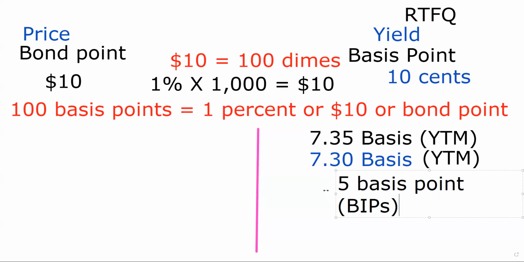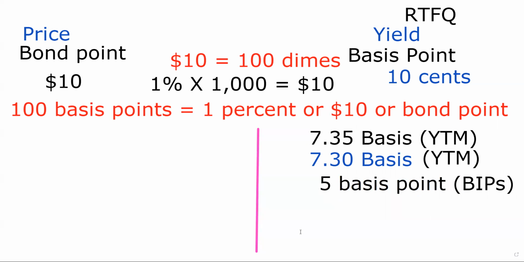And then we said a basis point, or BIP, is 1/100th of a bond point, or a way to think about it is 10 cents. So now we simply take the 5 times the 10 cents.